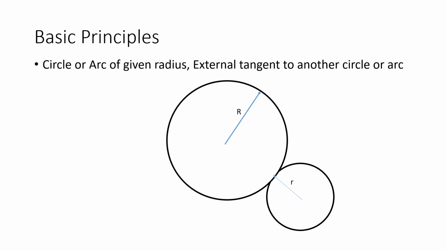That's an external tangent. Now the principle of this is that if we draw an arc from the center of the big circle with radius big R, then the distance to the small circle is going to be R plus r.